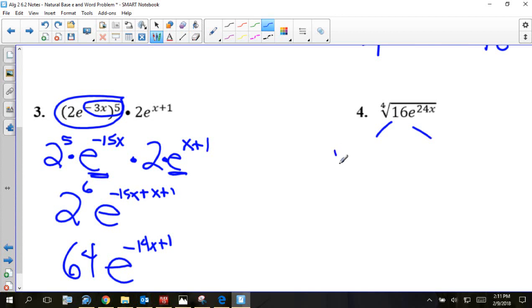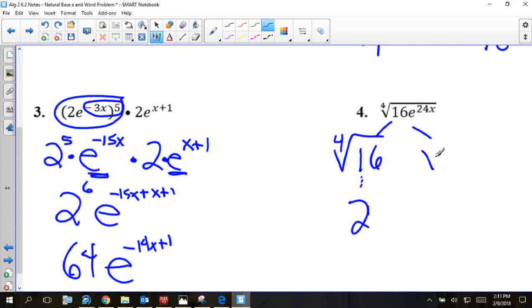What do I put under the first one? 4th root of. What do I put under the first one? What am I separating out? 16. And do we know the 4th root of 16? What to the 4th gives me 16? 2. That part's done.